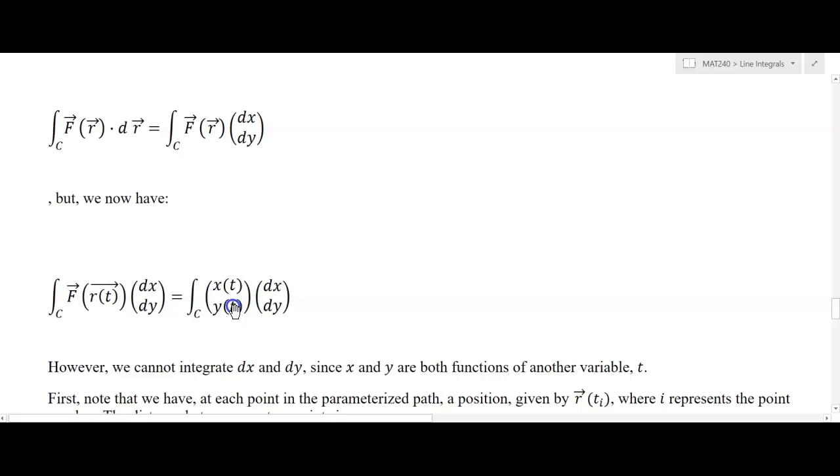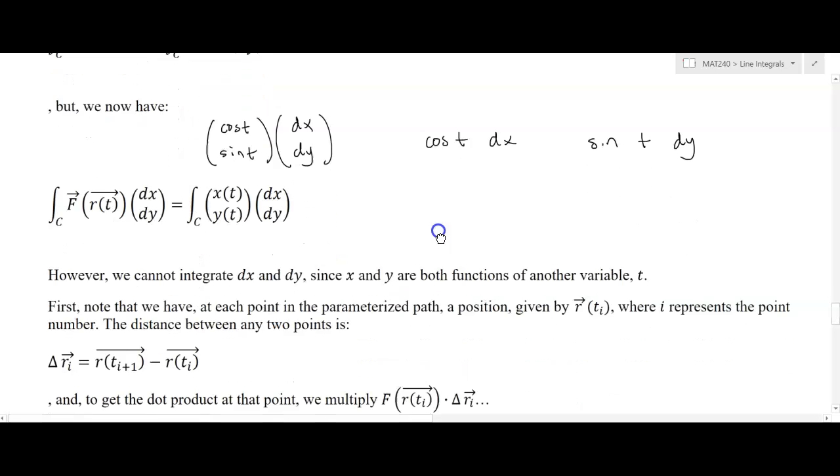And your position vector, recall, has your x position as a function of time, and your y position as a function of time. However, we cannot integrate dx and dy since x and y are both functions of another variable called t.